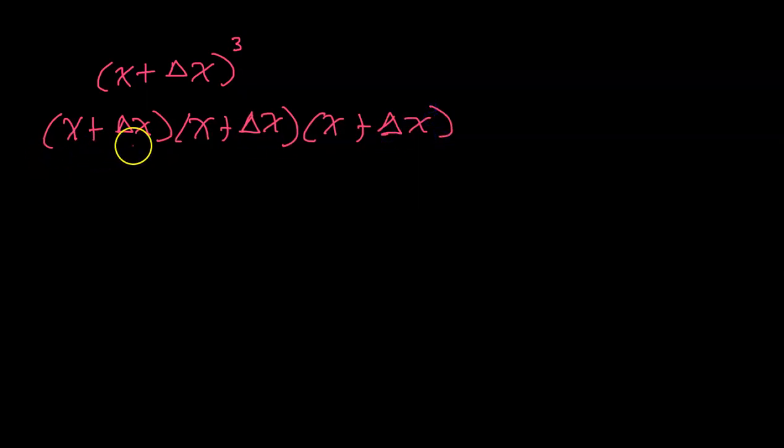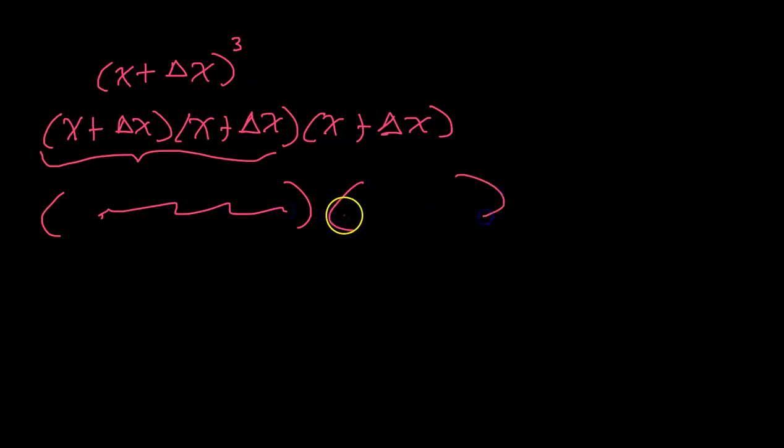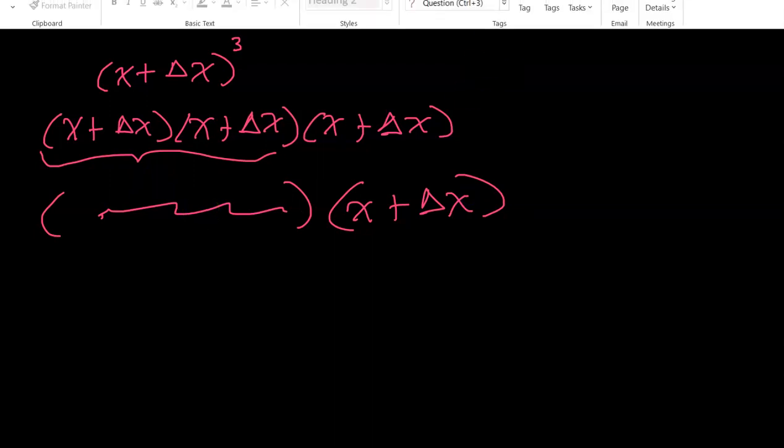So if you wanted to just FOIL this out by brute force, you could multiply these two together and FOIL that out, double distribute, however you want to call it, and then you could take that result and multiply it by x plus delta x and do a whole bunch of distributive property. That's one way to do it. I consider that to be the long way.